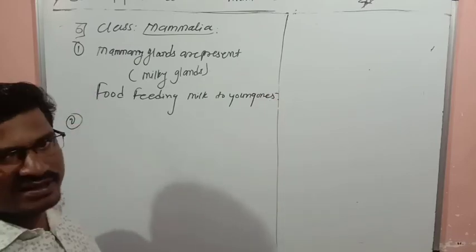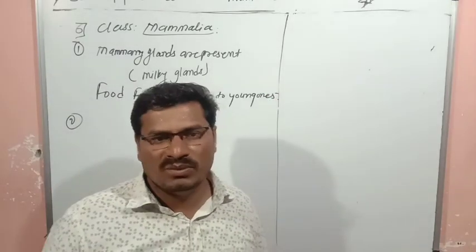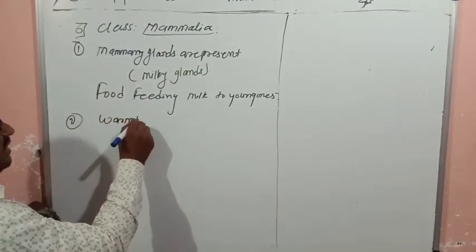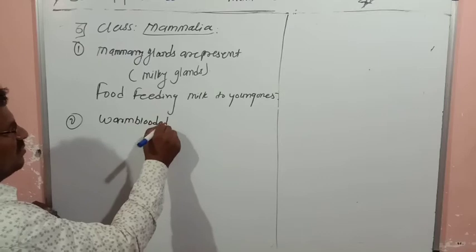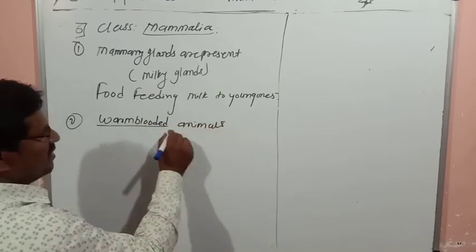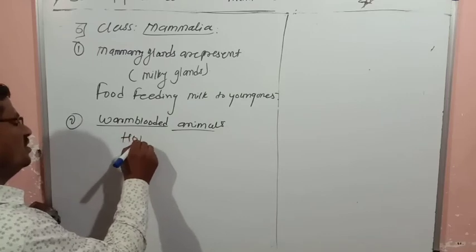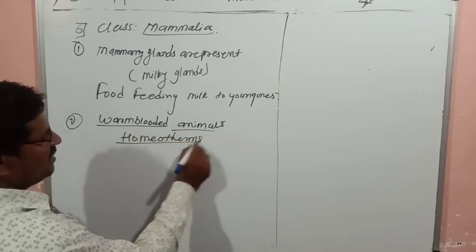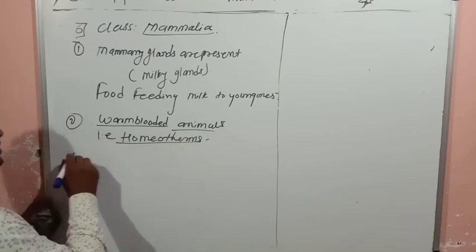The second characteristic is that these are warm-blooded animals. They are called homeotherms, which means they can maintain their body temperature.